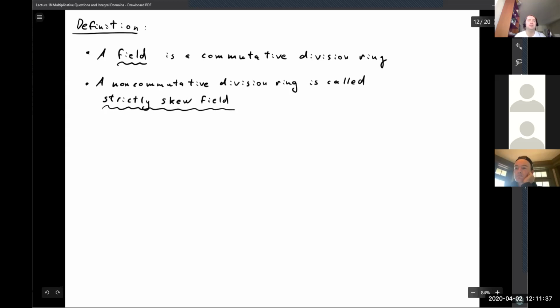Now, the second part of this definition is, of course, not the best piece of terminology.